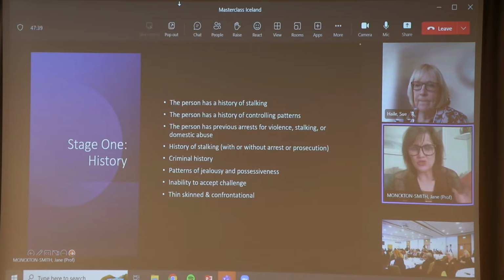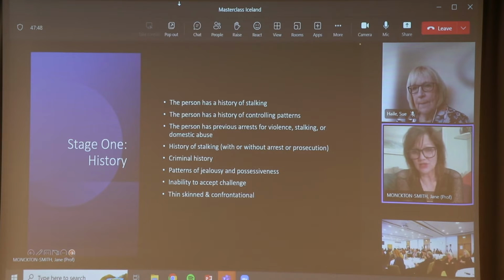So if we want to identify if anybody is that type, we could call them controlling, then one of the best places to look is their history. Do they have a history of domestic abuse, of stalking, of controlling patterns? Do they have previous arrests for violence in any context? This is important.